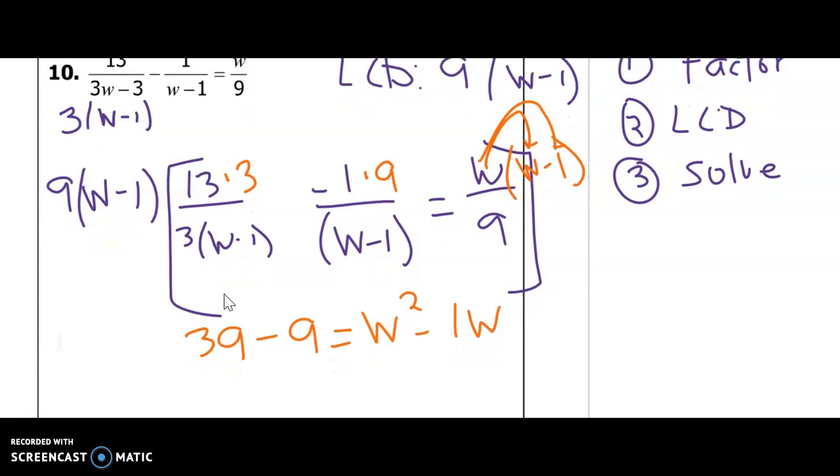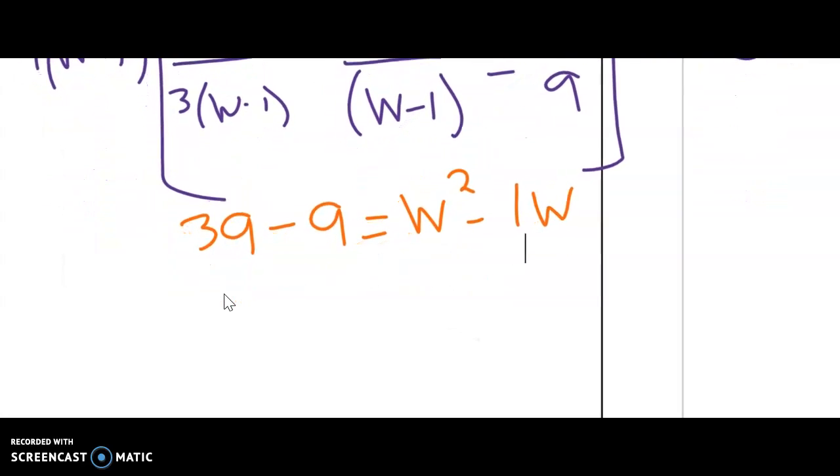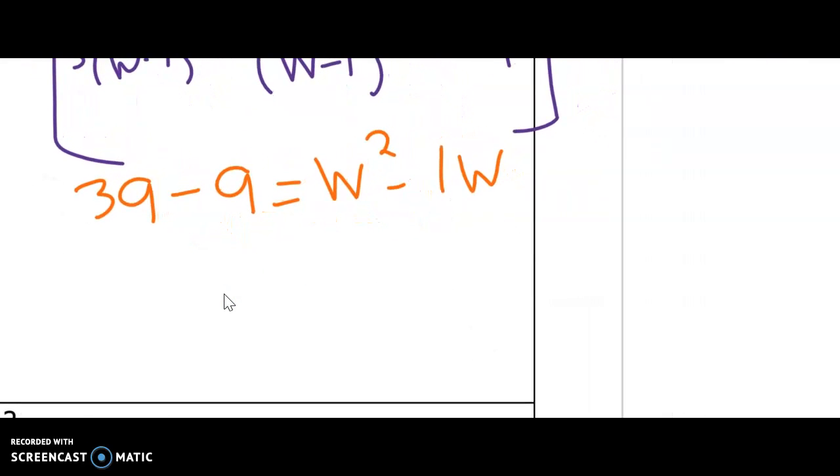So let's look at this now like another problem because these problems get long. So here's our next, we need to solve for W. So let's go ahead and get all of our terms on one side to make it equal 0. So 39 minus 9 is 30 equals W squared minus 1W.